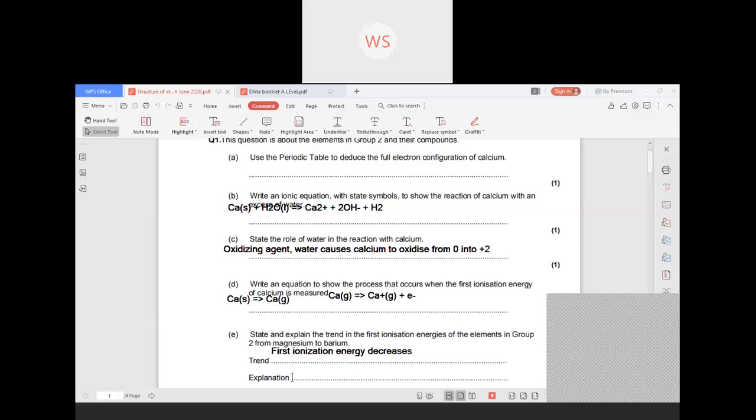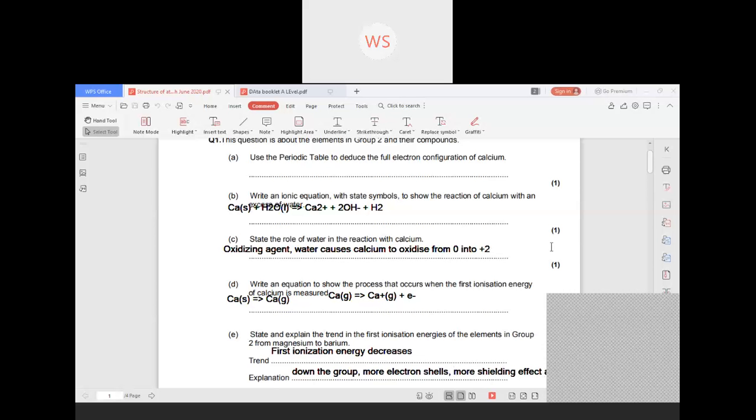Because the further down the group, the more electron shells, that means more shielding effect and lower nuclear charge. If lower nuclear charge, automatically the first ionization energy also decreases.